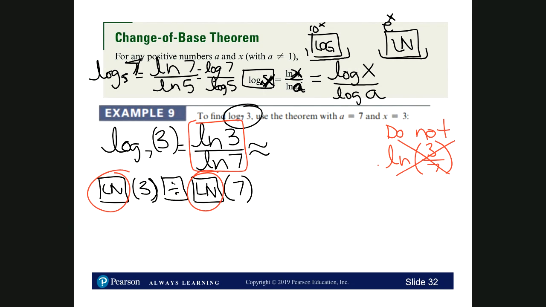Now, just like we can calculate it using a log base e, we could also use a base 10. So that could also be the log of 3 divided by the log of 7. And then, of course, we will get an approximation.